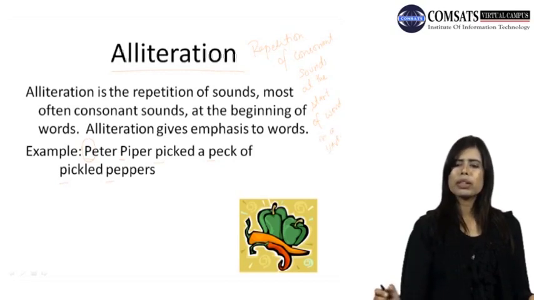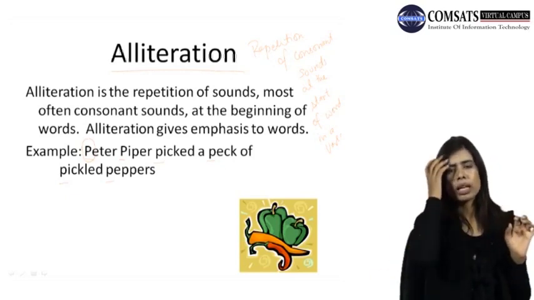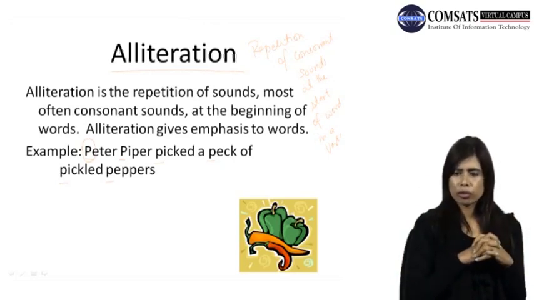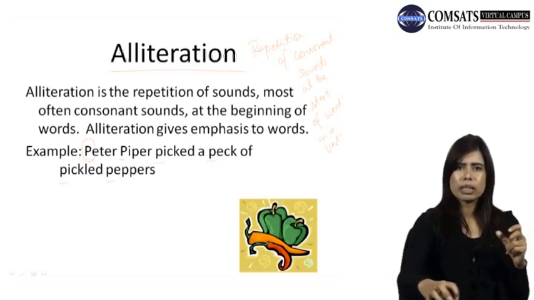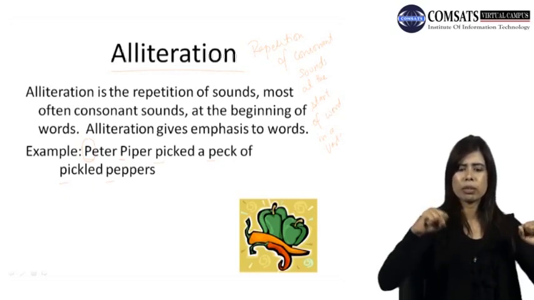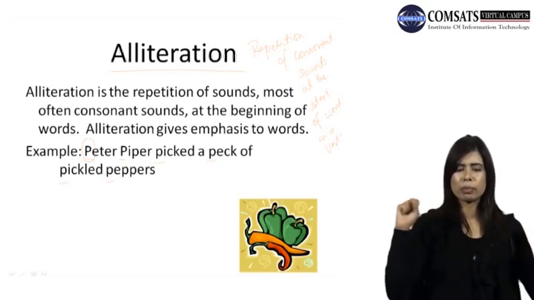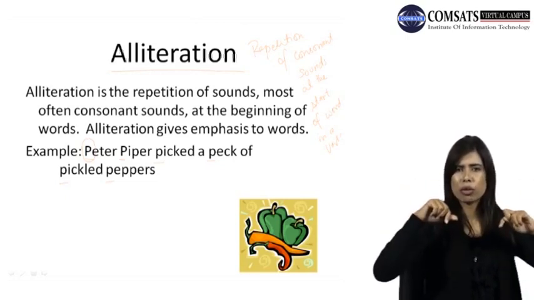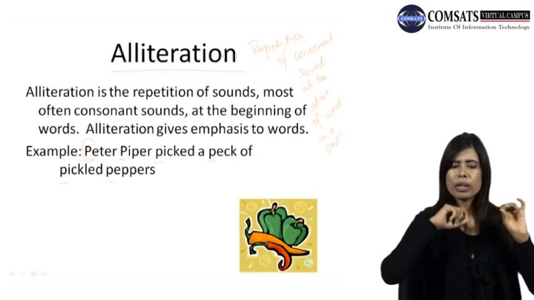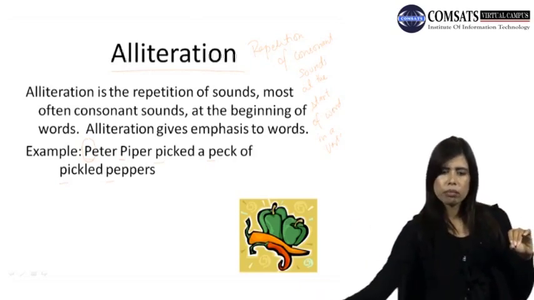Fine. Alliteration is known as the repetition of consonant sounds at the start of words in a verse. So the example is in front of you: Peter Piper picked a pack of pickled pepper. The repetition of the pa sound is here in order to emphasize something.